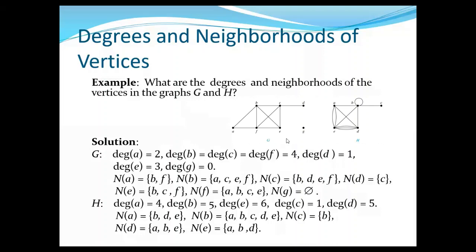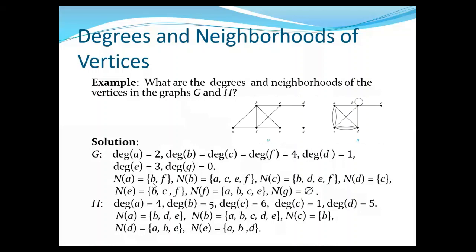While for G, since it is not connected to any vertex, the degree is 0. There's no edge connected to it. There's no vertex connected to it. Now, what is the neighborhood of A? What are the vertices connected to A?